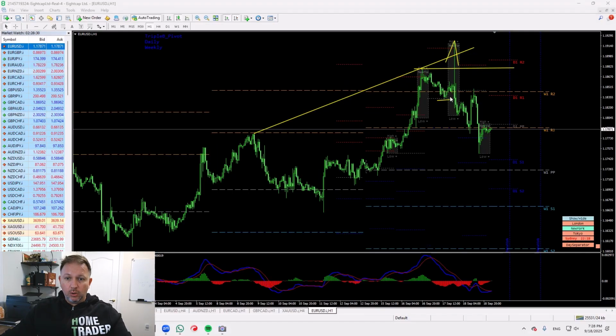Then we break below this low here at that moment, making two lower highs, lower lows. At the moment there are no opposite signs. And another very interesting combo is that after this trend line was broken, we got the retest and we got the bounce. So from my point of view, the euro dollar is set to continue lower.